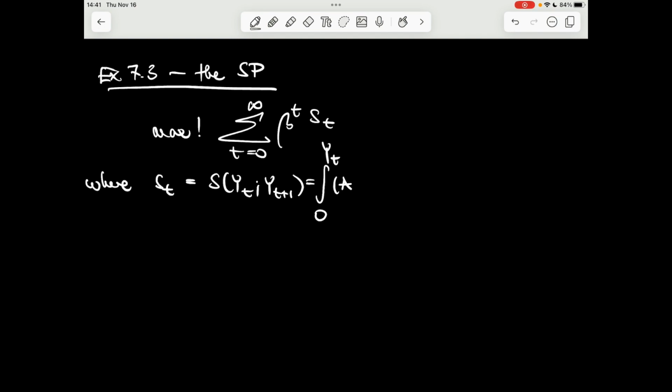This is the demand function, and this is the area under the demand function.